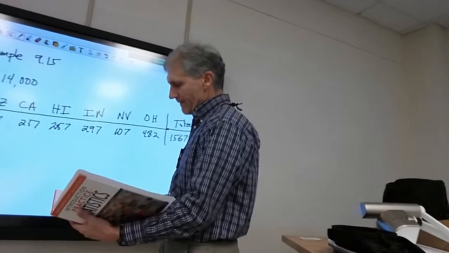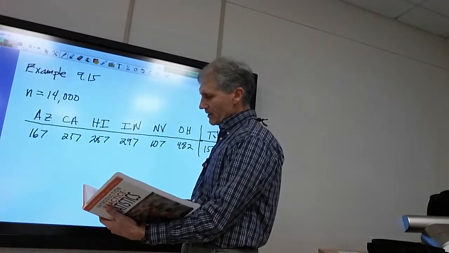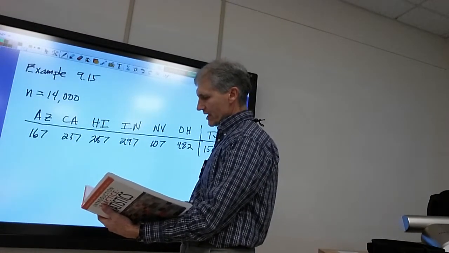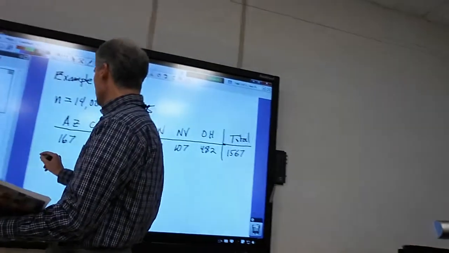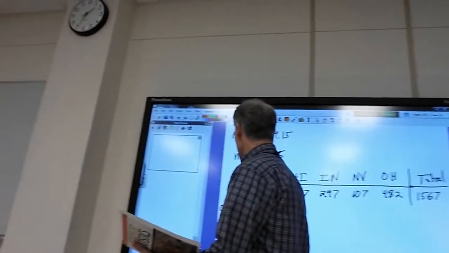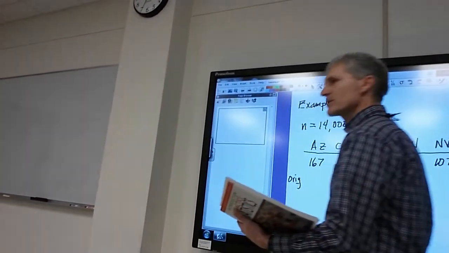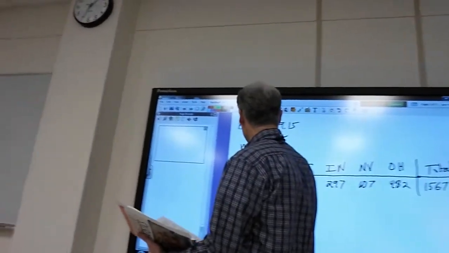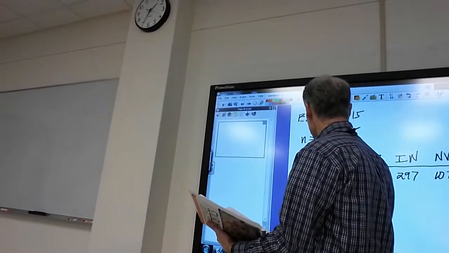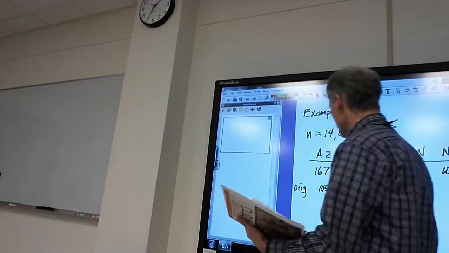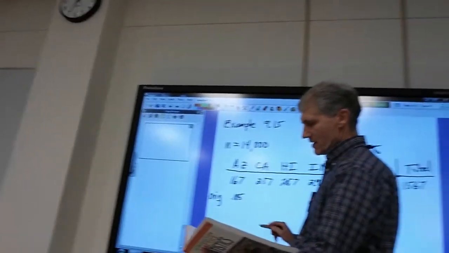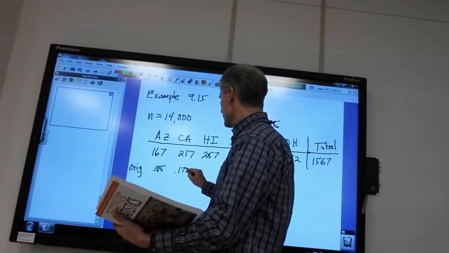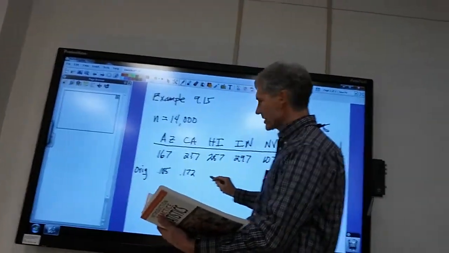Okay, now, in the original sample, they give us the percentages that came from each of the states. All right, so in Arizona, of the 14,000, that was 10.5%, so 0.105, and 0.172 came from California, and so on.